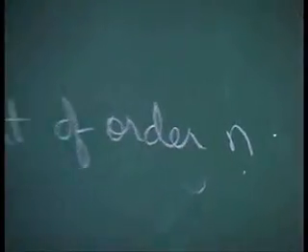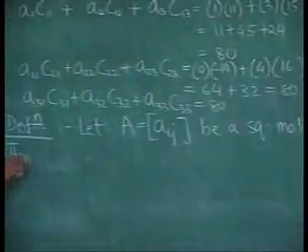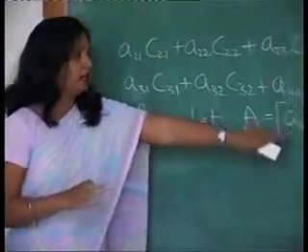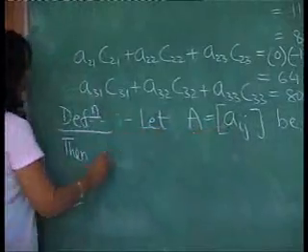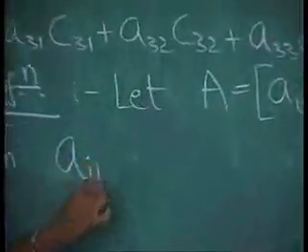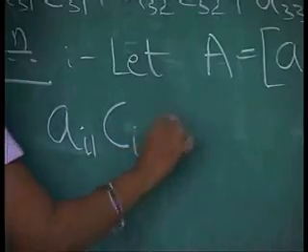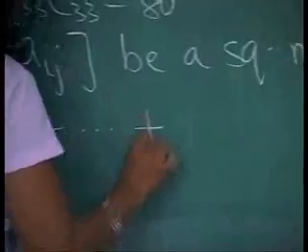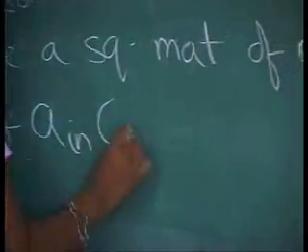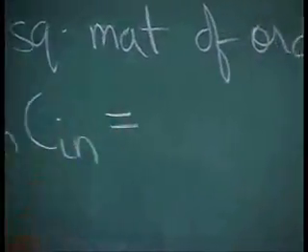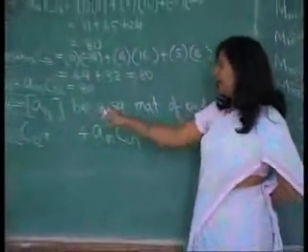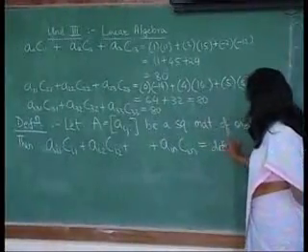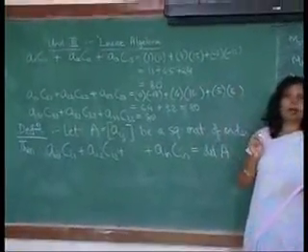Then, if you take elements from any particular row, in general, let me take the elements of the ith row, multiply them with the corresponding cofactors and add all such products, I get the determinant of the matrix.